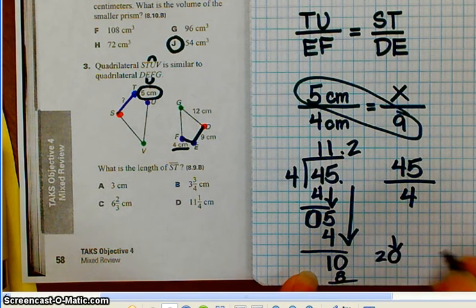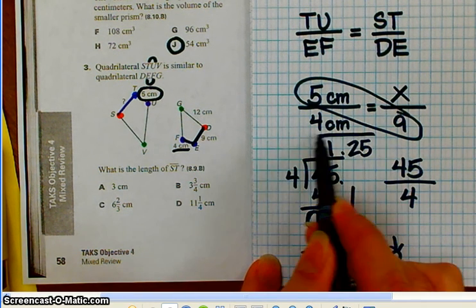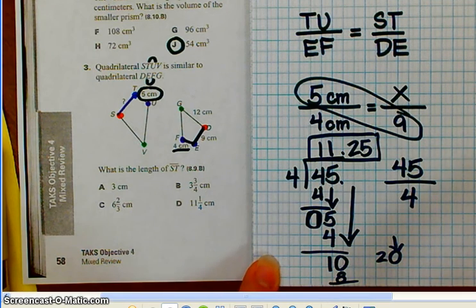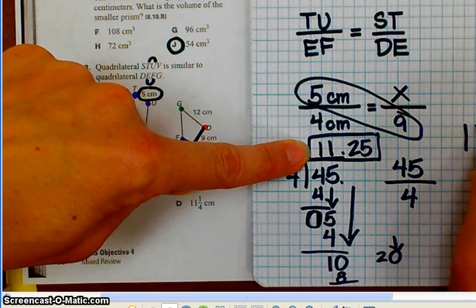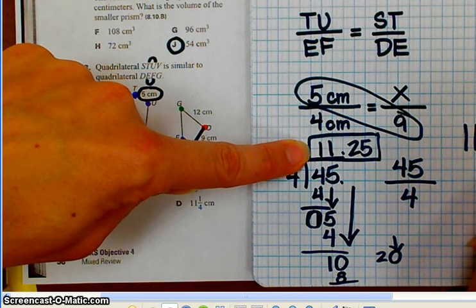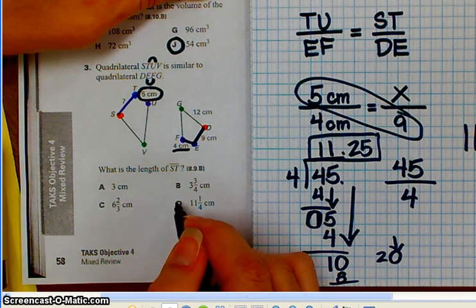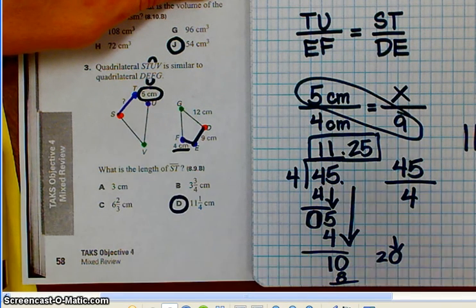Carry down a 0. 4 will go into 20 5 times. Okay, so here's our answer. If I look, that says 11.25, but 11.25 is the same as saying 11 1/4. Okay, so the length of ST is 11 1/4.